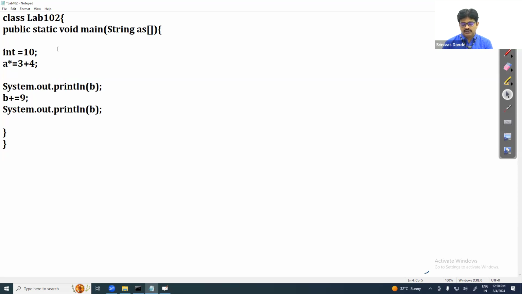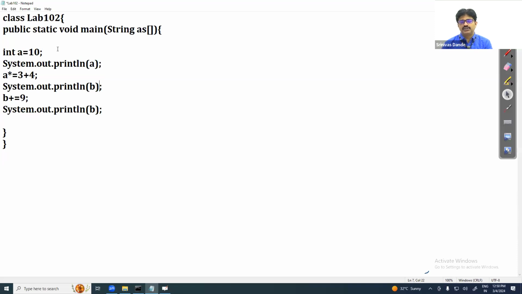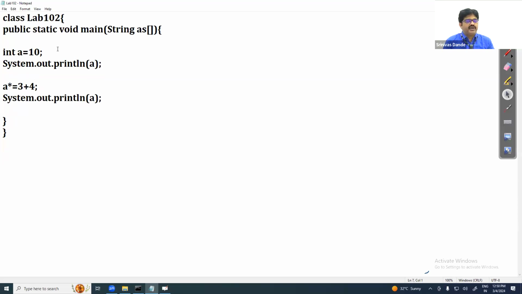So first I am printing the a value, and after doing the operation, a will be changed. Then I am printing the value. You tell me. I'll wait for your answer.